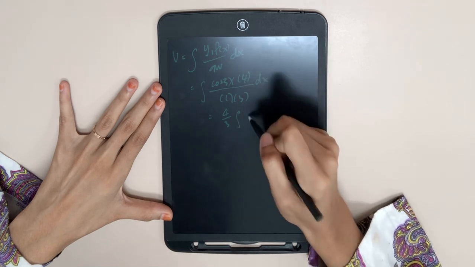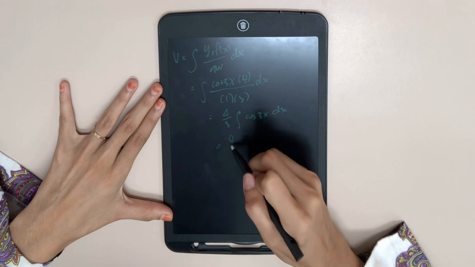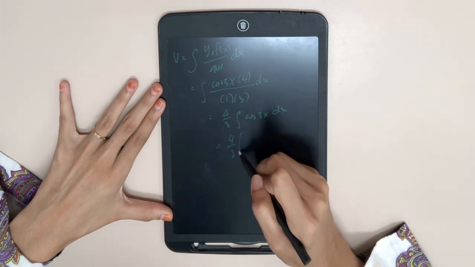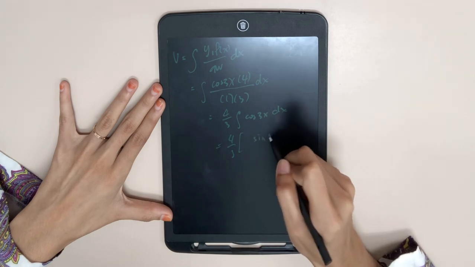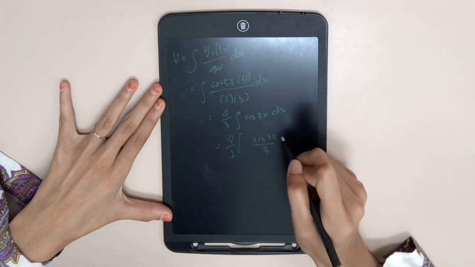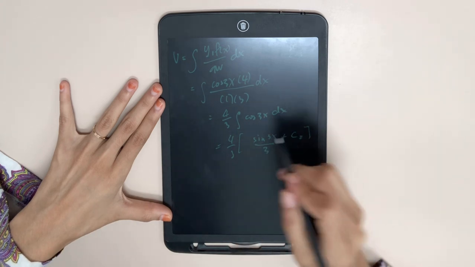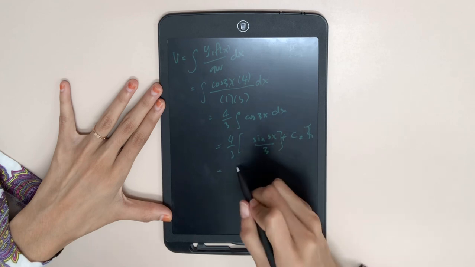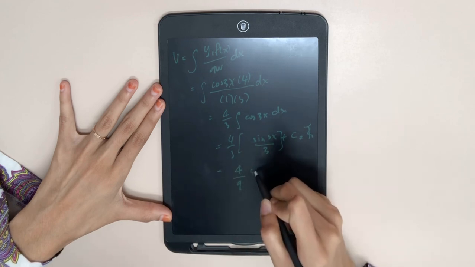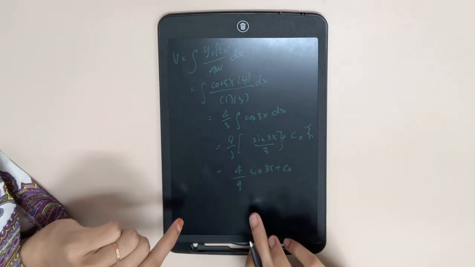Take out 4/3, so you are left with cos inside. Integrate cos, you should get sin 3x over 3 plus c2. Take out 3, so you have 4/9 sin 3x plus c2. So this is the answer for v.